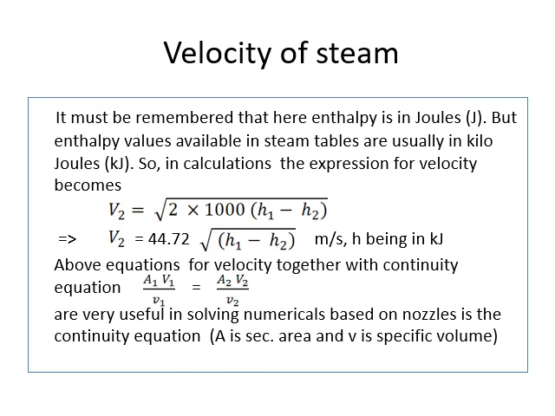It must be remembered that here enthalpy is in joules, but enthalpy values available in steam tables are usually in kilojoules. So in calculations, the expression for velocity becomes V2 equal to square root of 2 into 1000 into (H1 minus H2).